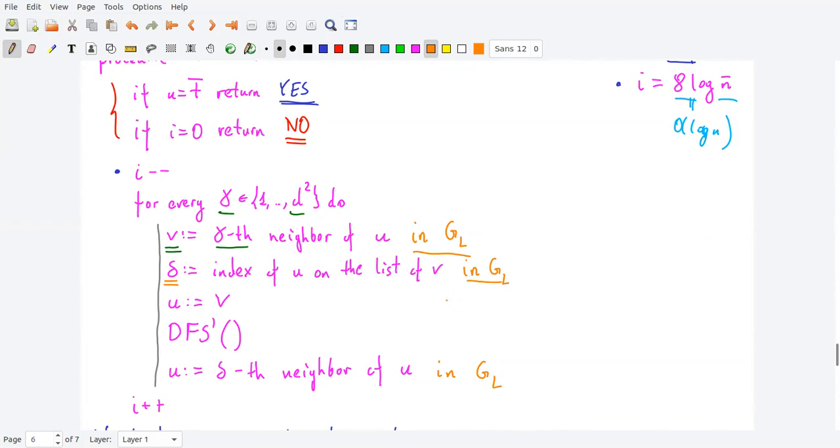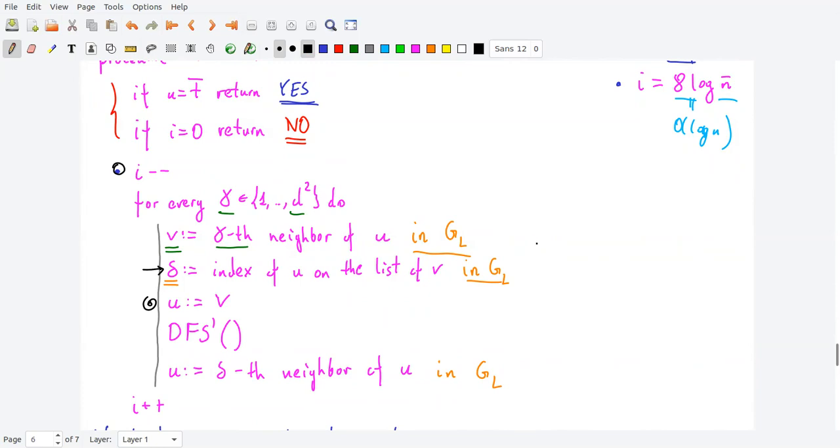I did not actually implement it, and it will be non-trivial. Then we move to this vertex V, so we substitute U for V, and we apply the DFS again with I updated and with U updated. When we are done with the DFS prime, we go back to the original vertex U by following this return address that was remembered on the stack.